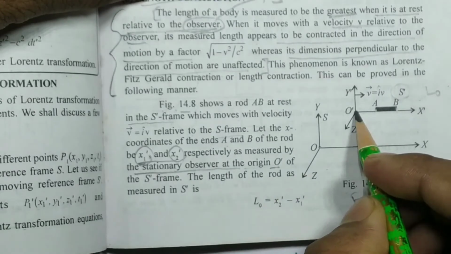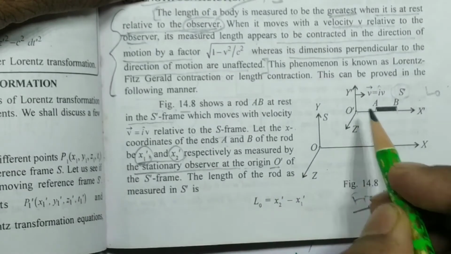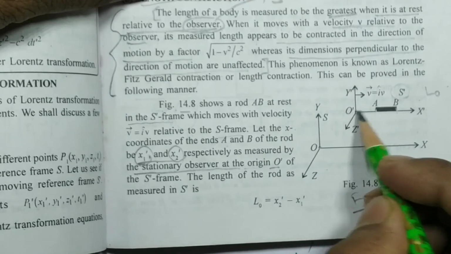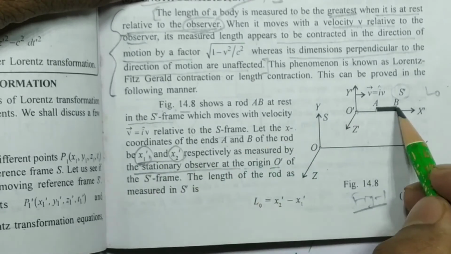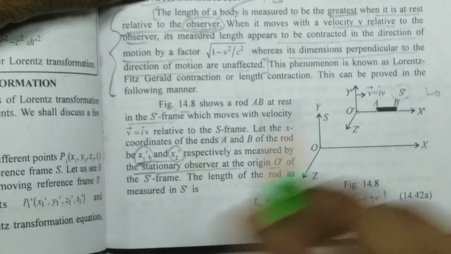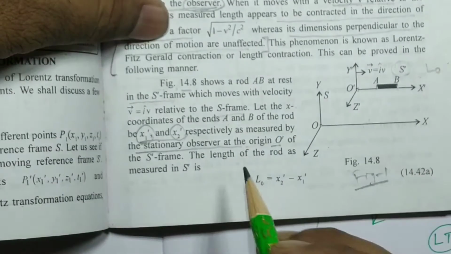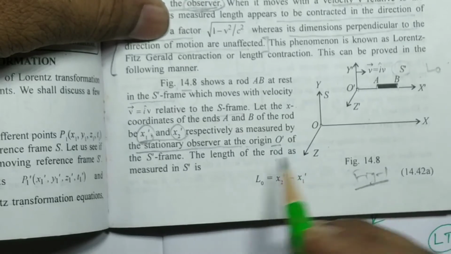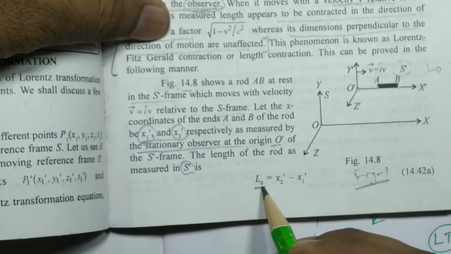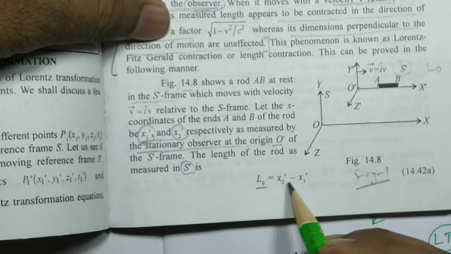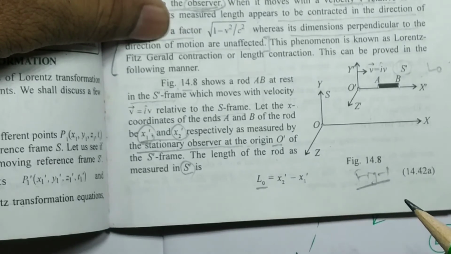The length of the rod as measured in the S dash frame will be L0 equal to x2 dash minus x1 dash.